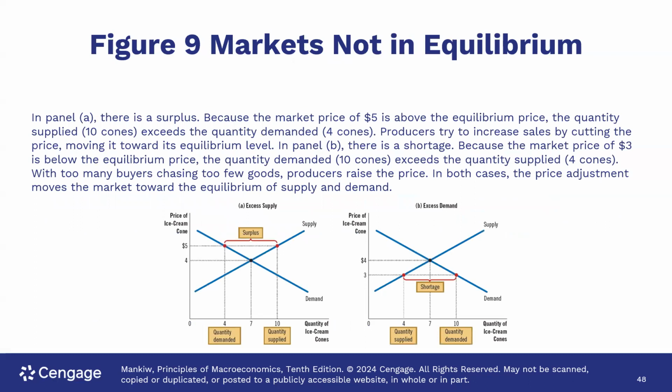Right. So in the previous example, we already talked about what will happen with the surplus and the shortage. But here in the graph, it is much easier for us to get the idea. If there's a surplus, the supply is higher than the demand, then the seller would like to lower the price. When the price is lowered to $4, the supply is equal to the demand, and then the seller does not have an incentive to lower the price further because they also care about their profit.